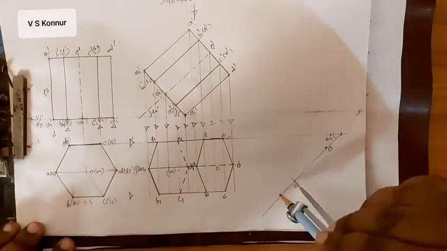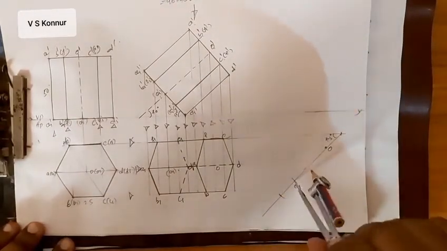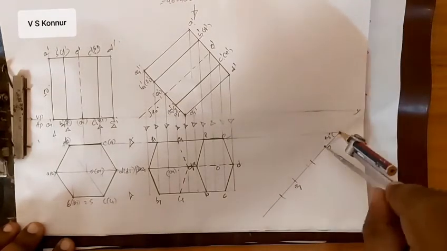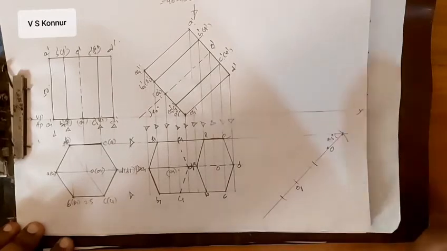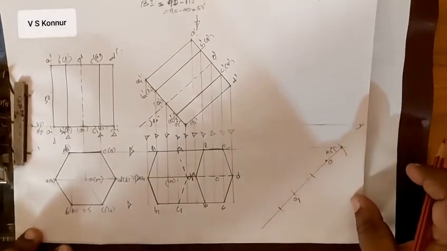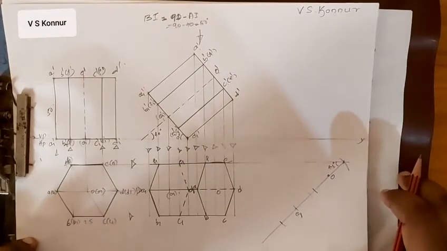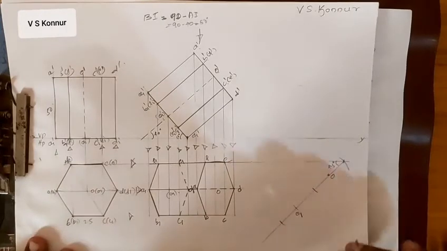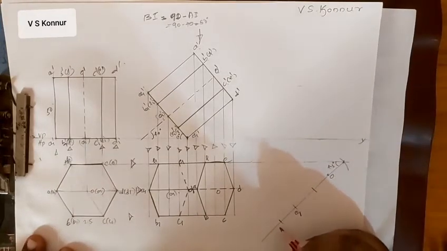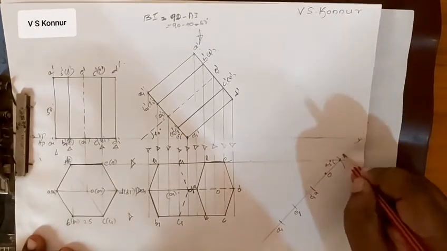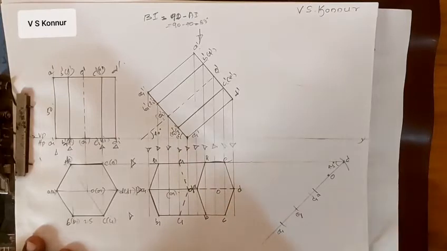So we'll draw an arc on either side. So these points are nothing but A1, D1, A, D. So these points we got.